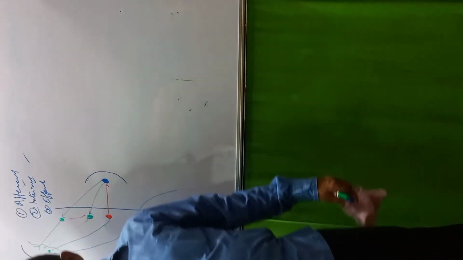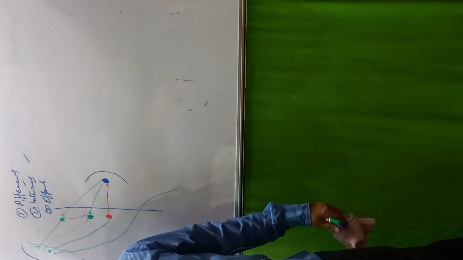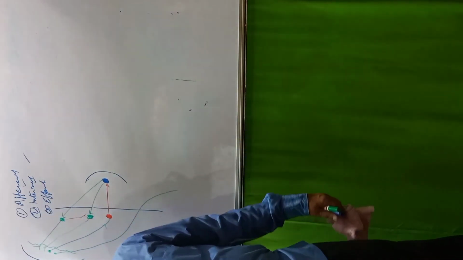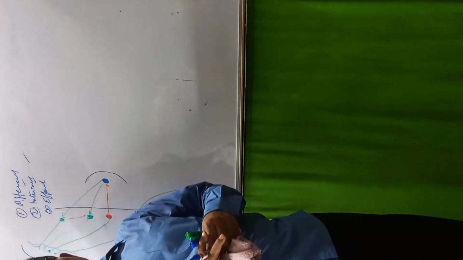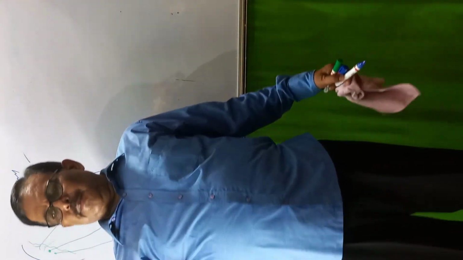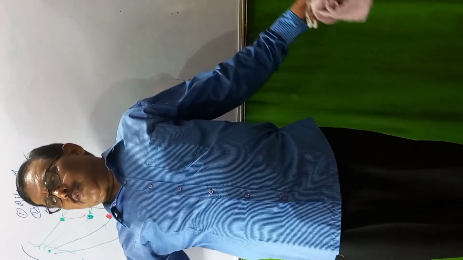You may remember intentional tremor and resting tremor. Resting tremor is seen in Parkinsonism, and fine tremor is seen in thyrotoxicosis. Now how to test this. Number one, the finger nose test. The patient is asked to touch his nose with closed eyes, with feet close to each other.